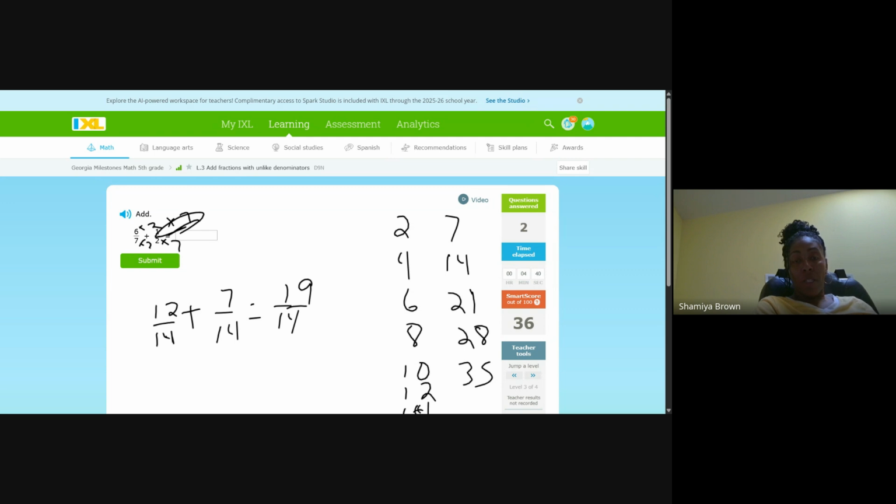over 14. And this is an improper fraction, so I can't leave it like that. So I have to turn that into a mixed number by dividing 19 by 14. 14 goes into 19 one time. Multiply, I get 14.